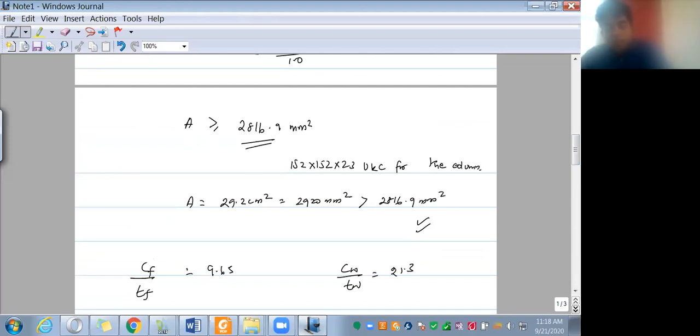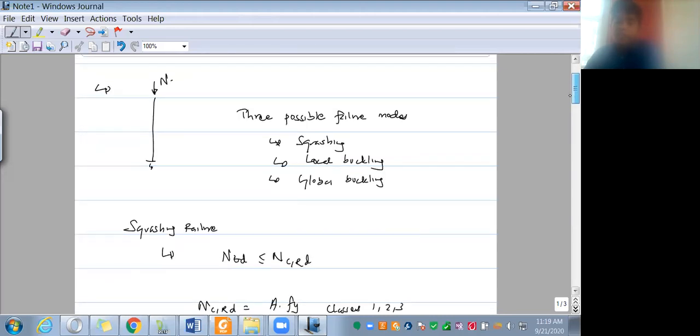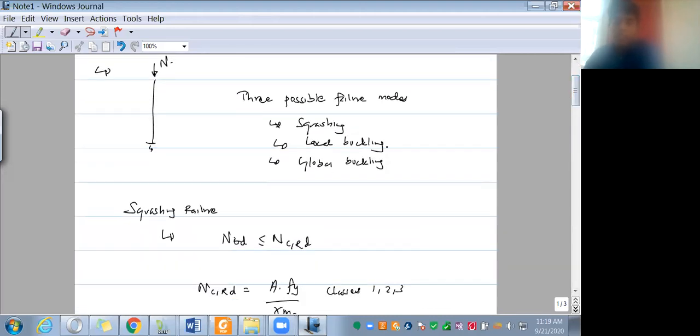So now this section satisfies for compression. If the failure is dominated by squashing, so if the lowest of these three loads is equal to the squashing of the material, then this is the section that satisfies the compression requirement.